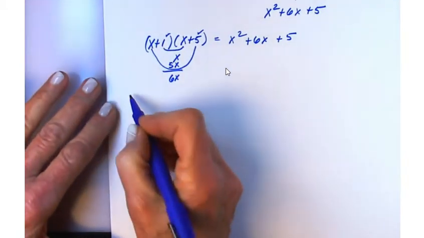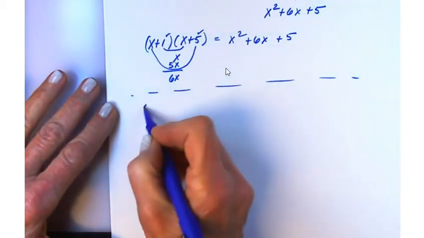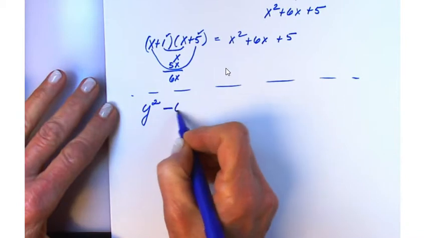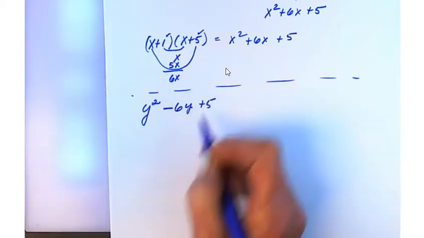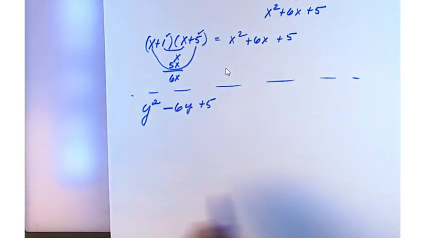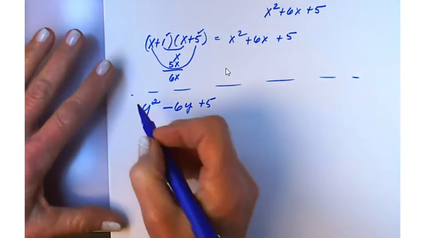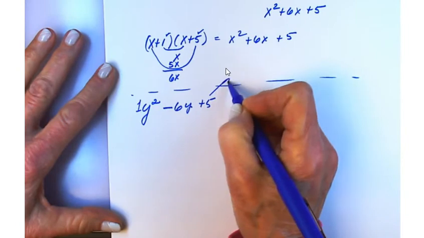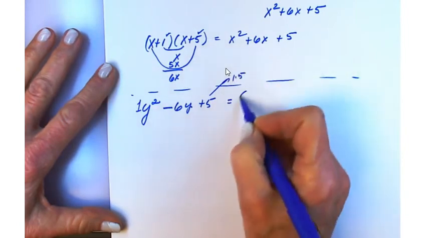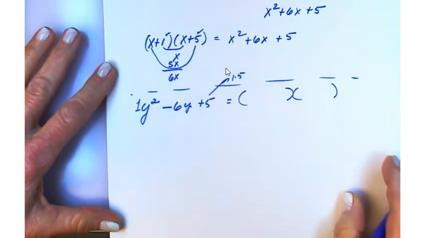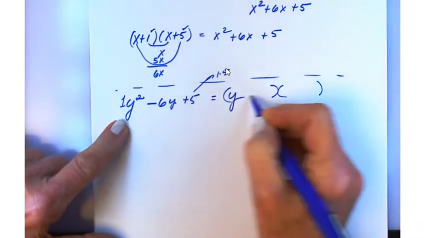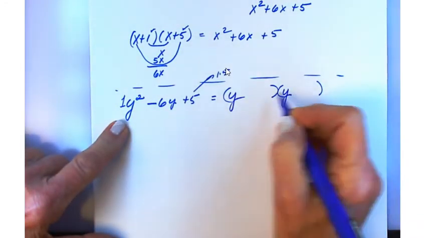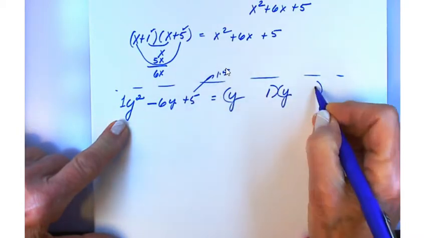Let's say that this had been y squared minus 6y plus 5. We have a 1 here. This is still 1 and 5. So it's going to factor into two binomials. y only factors into y and y. 5 is prime, 1 and 5.